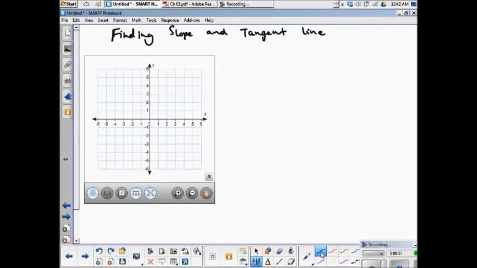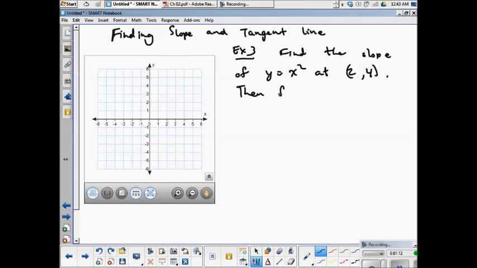We're just going to go with the example they have in the book here. Example 3: find the slope of y equals x squared at (2, 4), then find the equation of the tangent line.